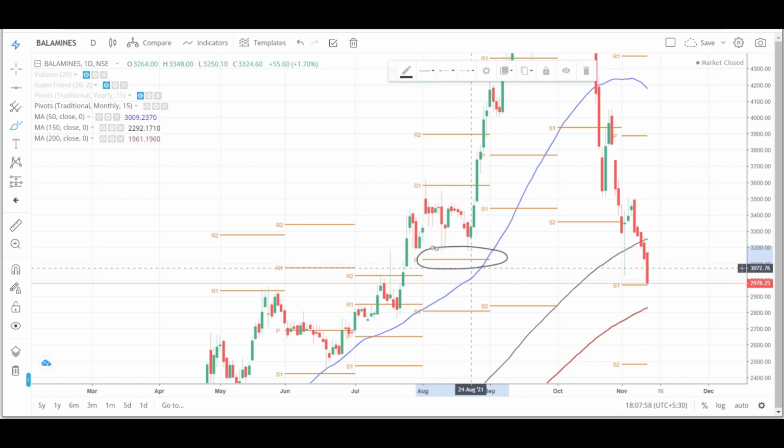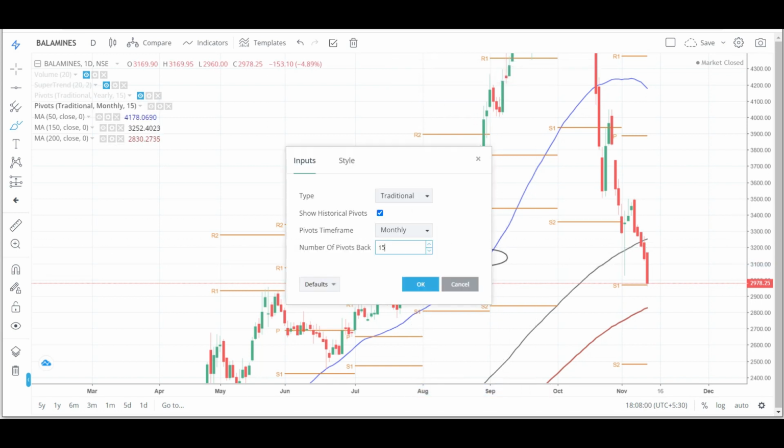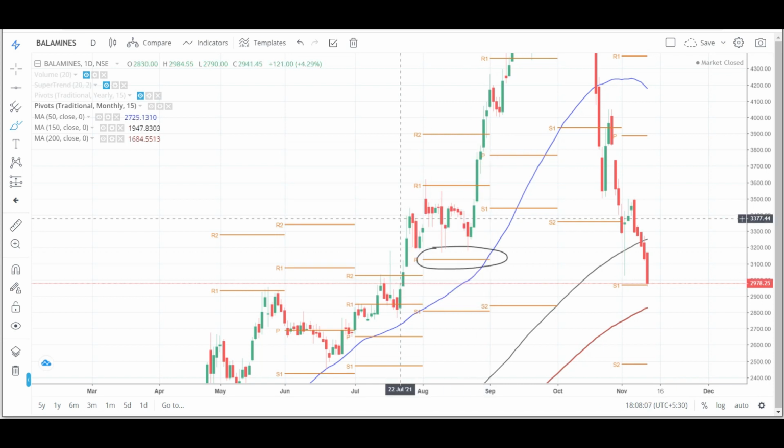So what is the monthly pivot? Let us go to the settings. The pivot time frame that is set is monthly. So instead of using the relative strength criteria, I use the monthly pivot criteria.